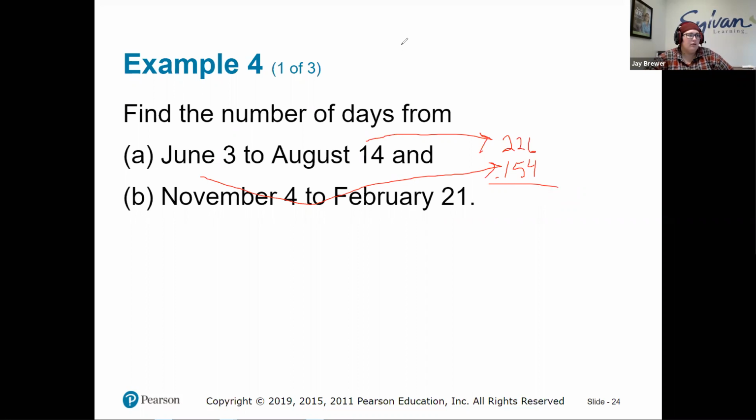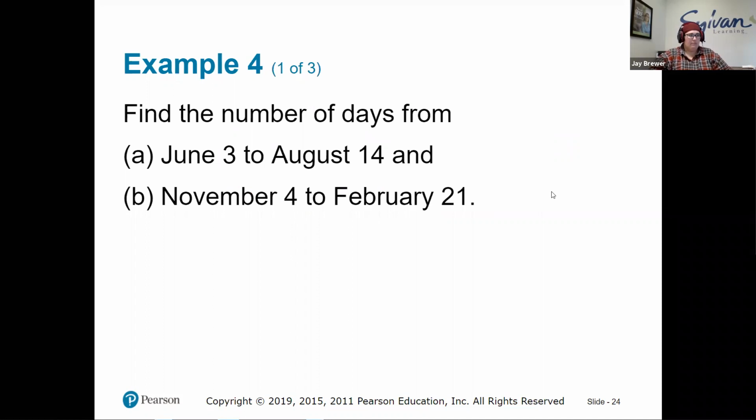All right. Similar for part B, except, no, that's still, nope, I lied. It's into the next year. So you have to do the extra step where you take November 4th, which would be day 308.